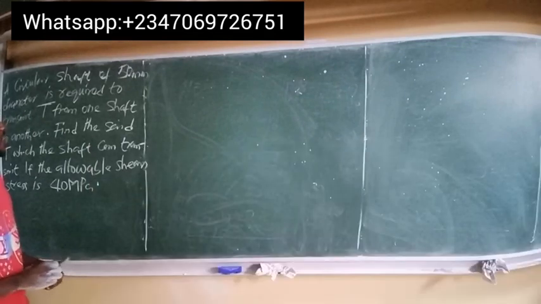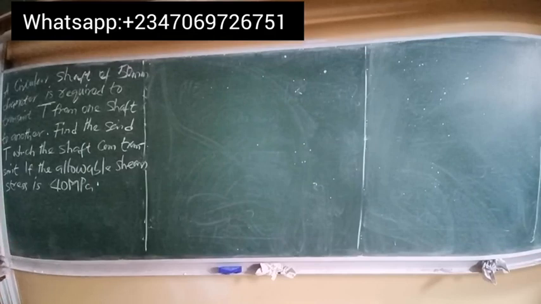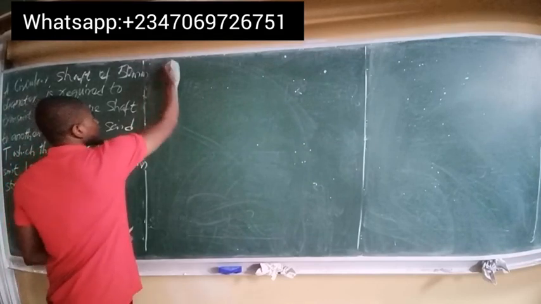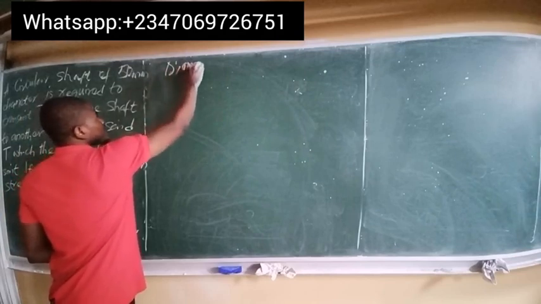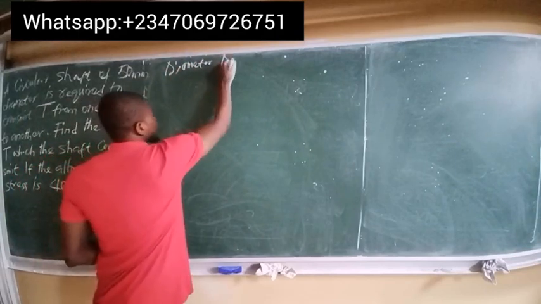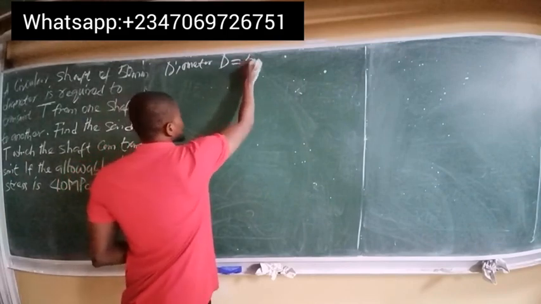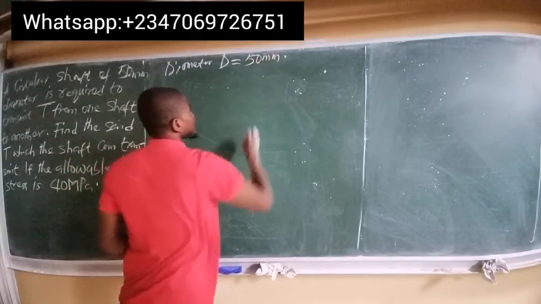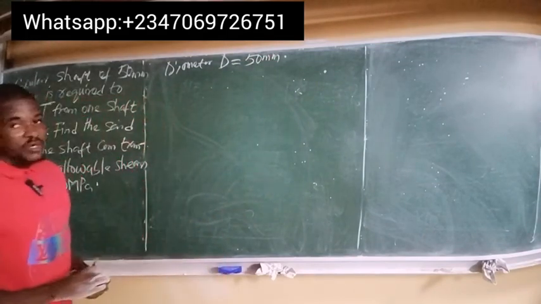Okay, so let's get down our given parameters. We were given a circular shaft of 50 millimeter diameter. So we have the diameter D equal to 50 millimeter. And of course, always convert your values to ground units.